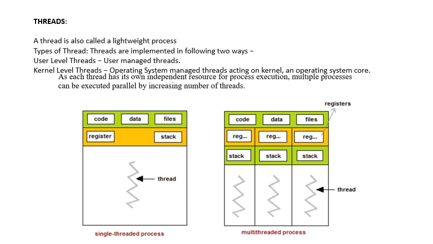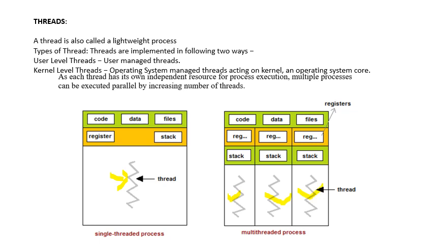Coming to the different threads as shown in the diagram, in traditional days the processes were single-threaded, and nowadays we are using multi-threaded processes. If you observe this diagram keenly, this is a single thread, and here we have multiple threads. A thread is represented in a zigzag manner as shown in the diagram.